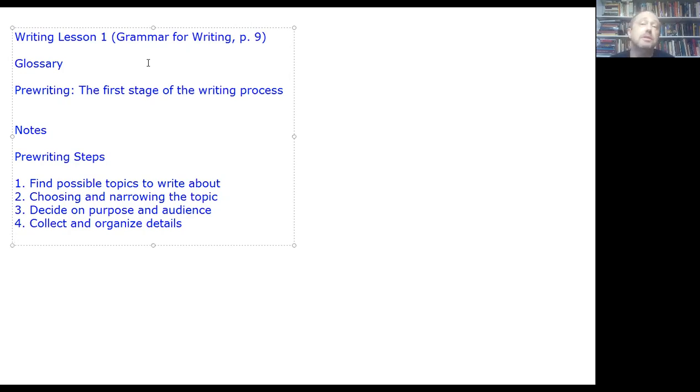Okay, so at this point in time, if you will please pause the video and make sure that you copy the definition of pre-writing into the glossary section of your ELA notes. And then in the notes section, please write down these pre-writing steps.